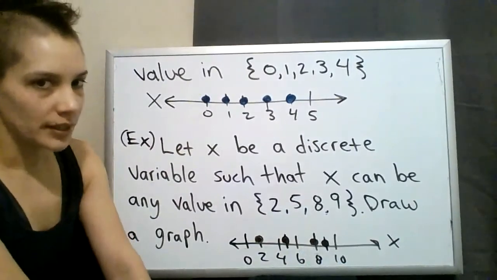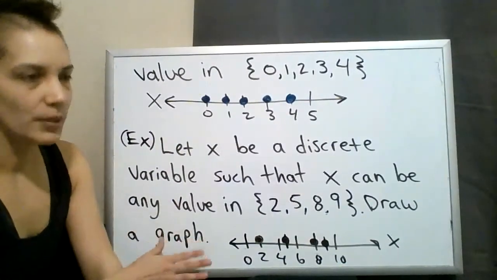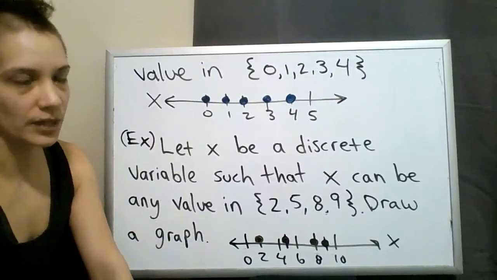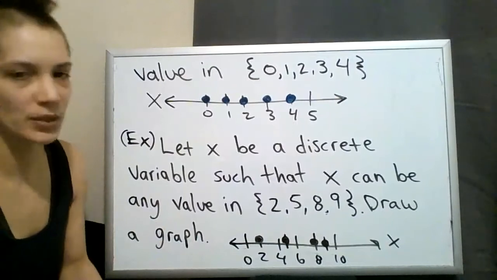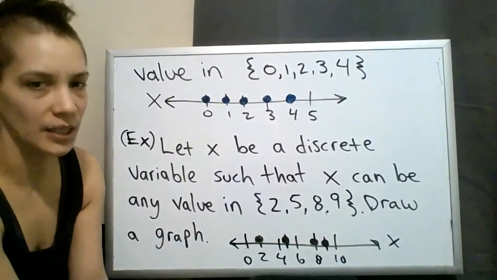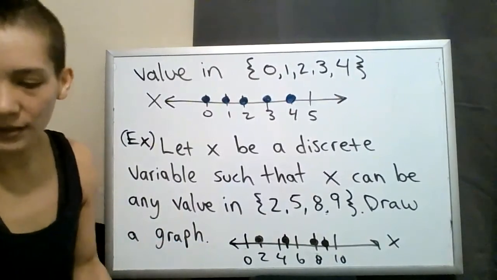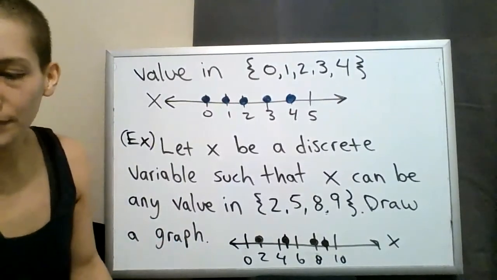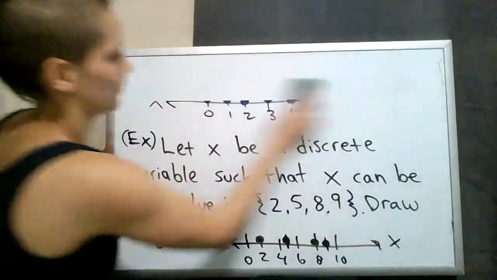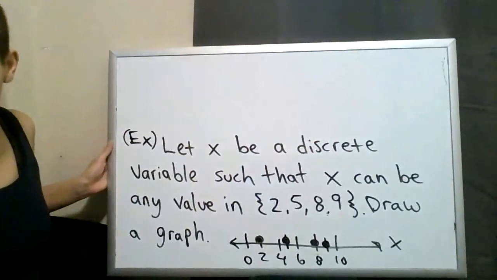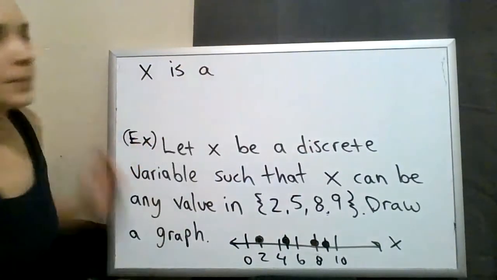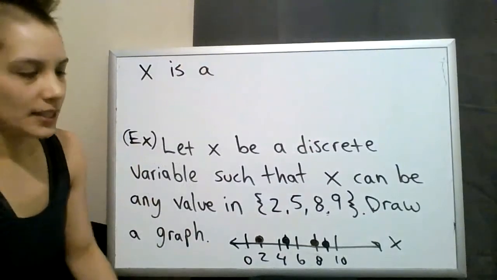That's it for discrete variables. We'll work with them a little bit, but next is to go into interval notation, which we use for continuous variables. So writing the set of possible values for your continuous variable. So let's write that definition.